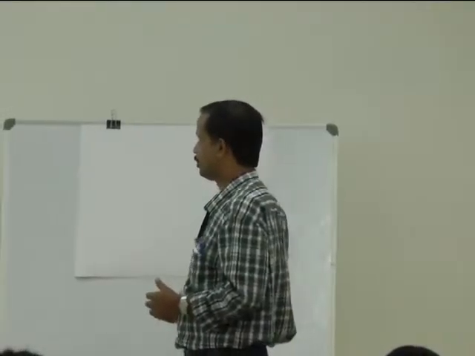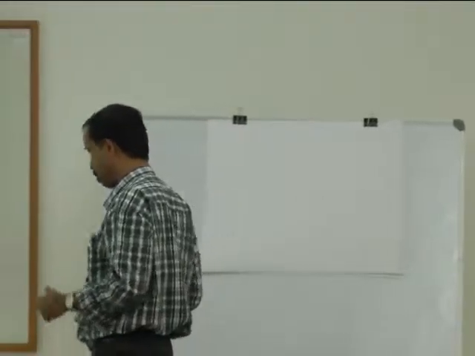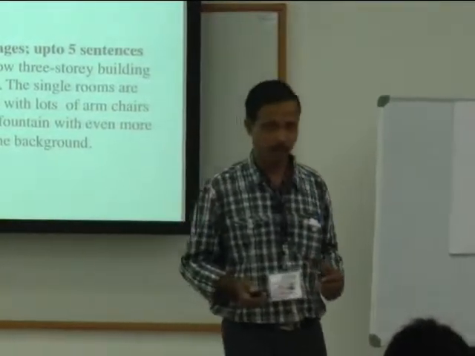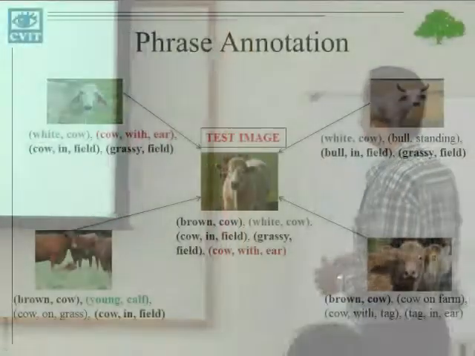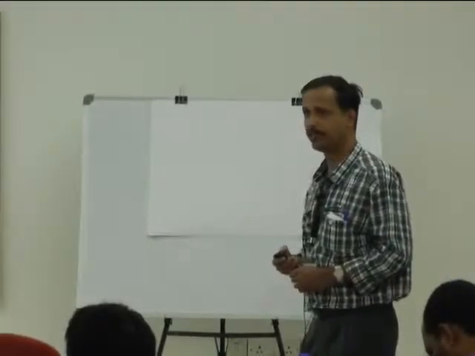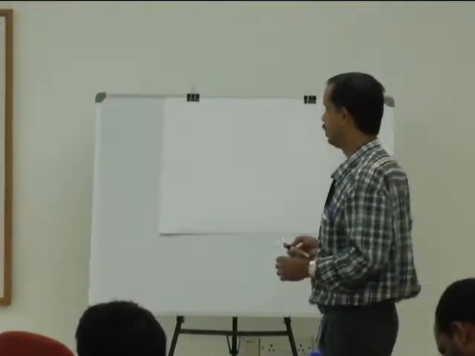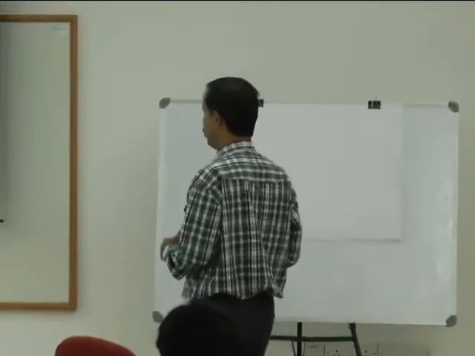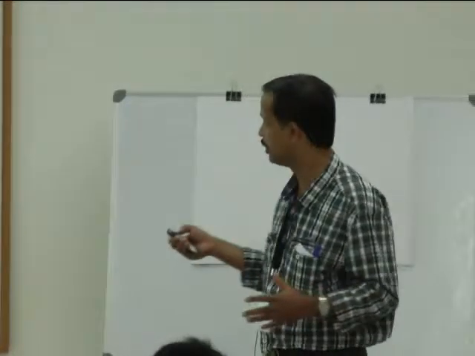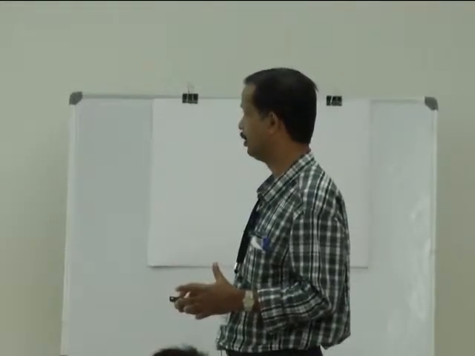So what we do is we use some simple text processing techniques to reduce these sentences into phrases. So now, given the test image and its neighbors with associated phrases, associated structured phrases I should say, because we know what is object, what is verb, what is attributes, etc. We have tagged all this information.